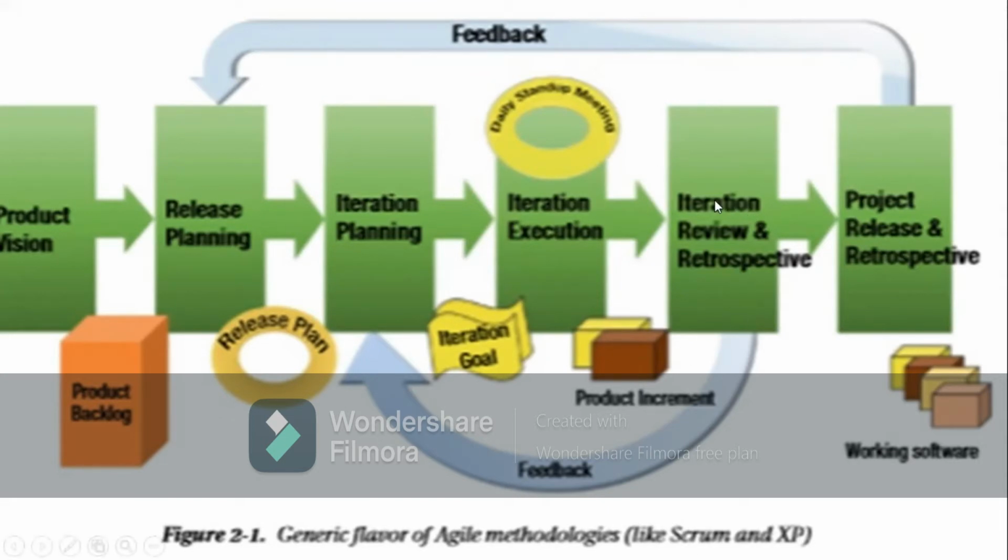And then, as we have discussed, we have an IID, iterative incremental, in which we have a product increment. That means we are executing and delivering, right? Every sprint is executed, and it delivers a finished product to the customer. With the team we perform an iteration review or a sprint review, which is basically a demo.